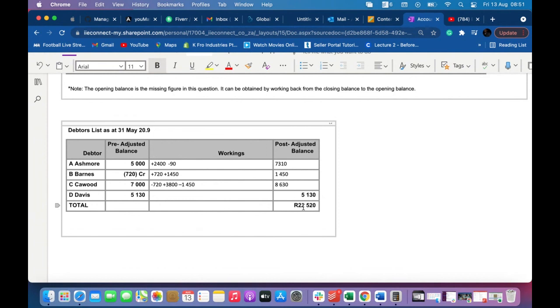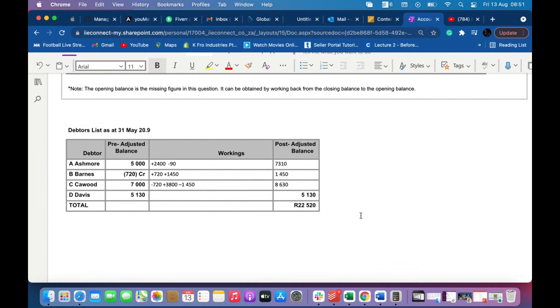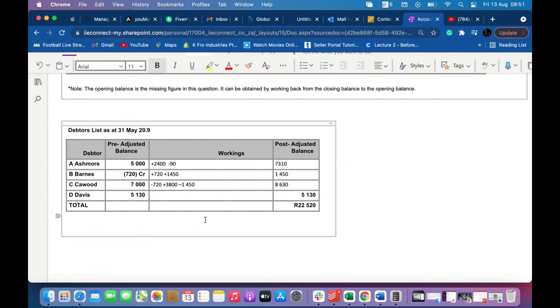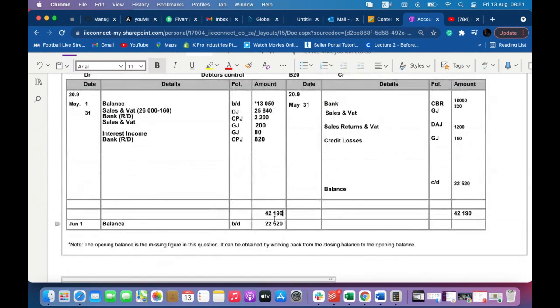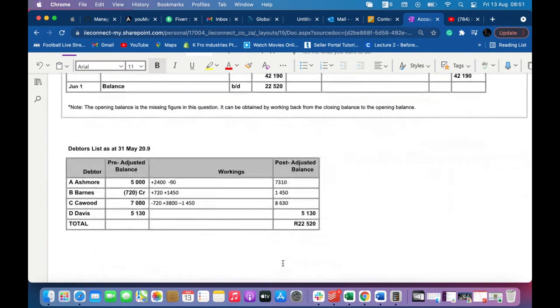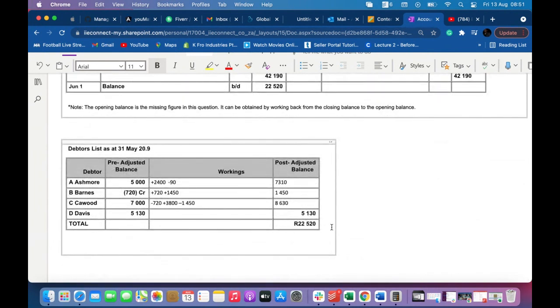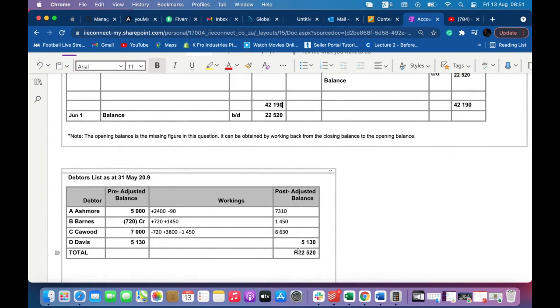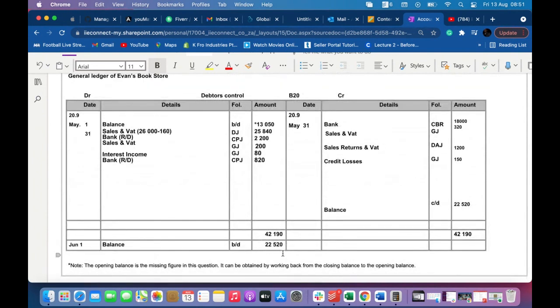Once we had that, remember, we're doing debtors reconciliation here. And in debtors reconciliation, we're saying that the debtors list, the total here, should equal the balance on the debtors control. So now we have our new total on the debtors list. This is what the balance should be on our debtors control.